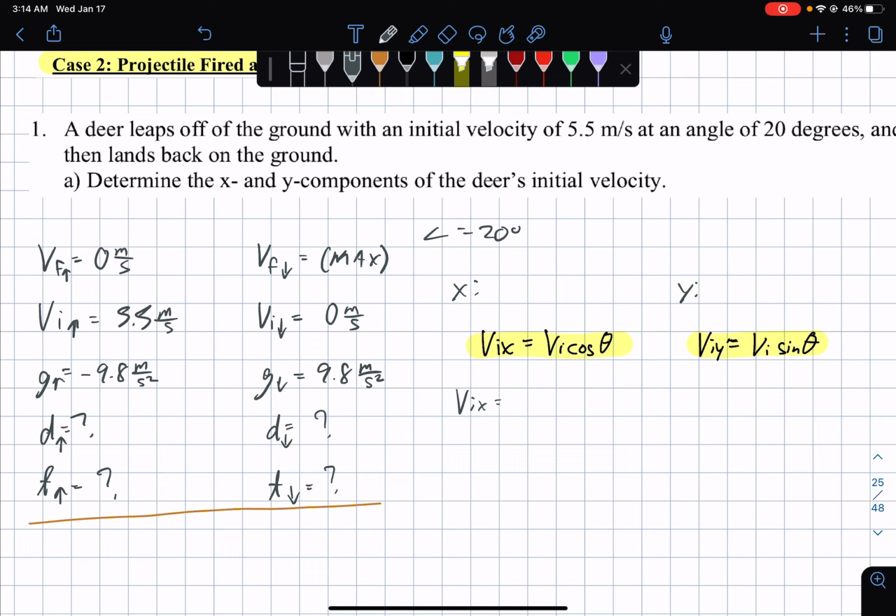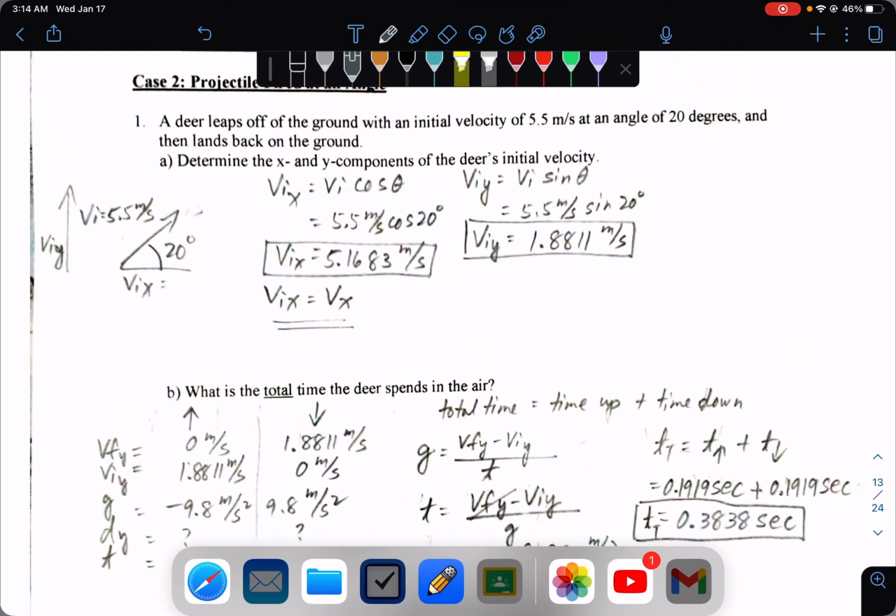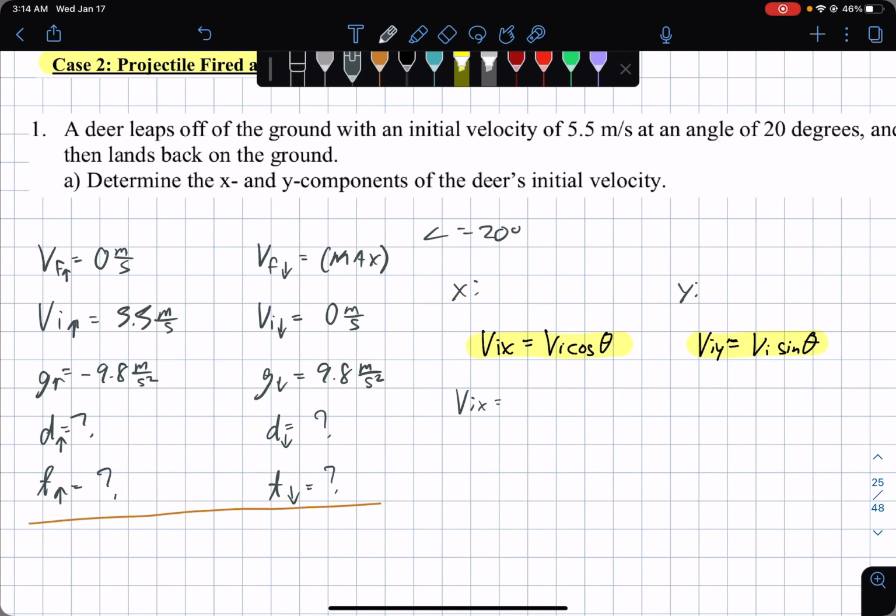Hmm. I'm not sure why we don't use the Vi going down.